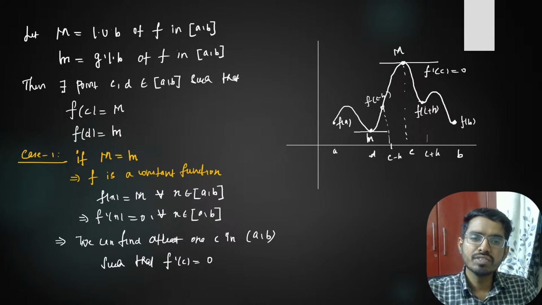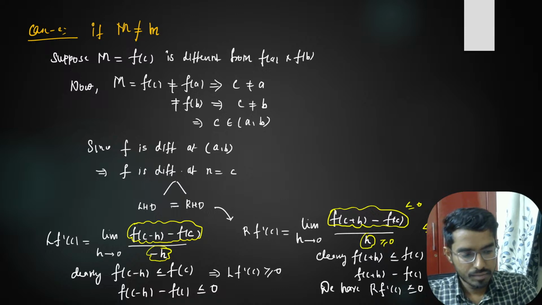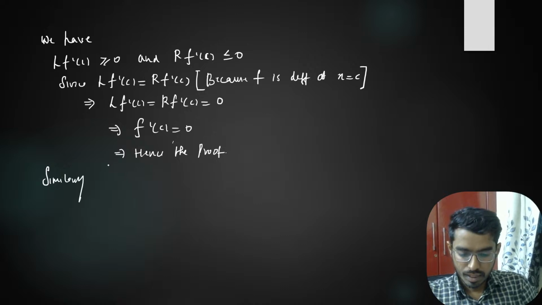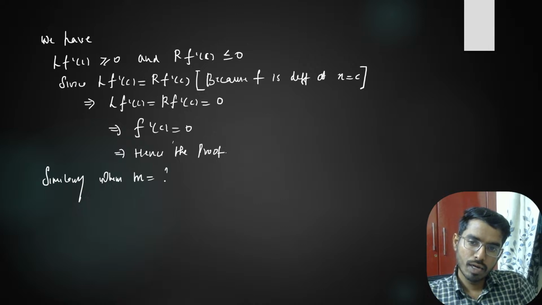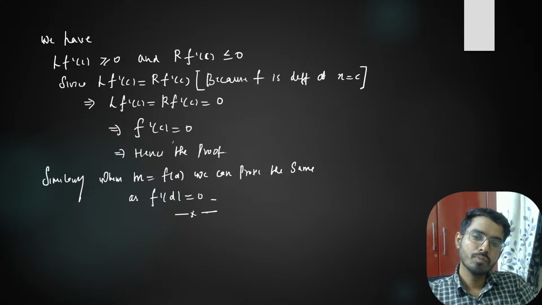Similarly, when small m is equal to f of d, we can do the same and get f dash of d equal to 0, right?